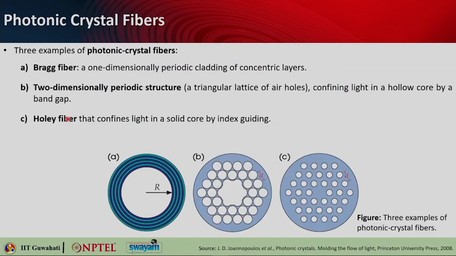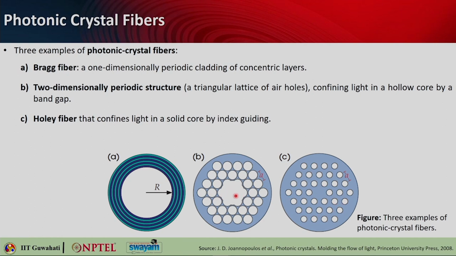And the third one is holey fiber, where you have a solid core that supports light propagation through index guiding, but the cladding is now made of photonic crystal again. So in these two cases, this is the difference.